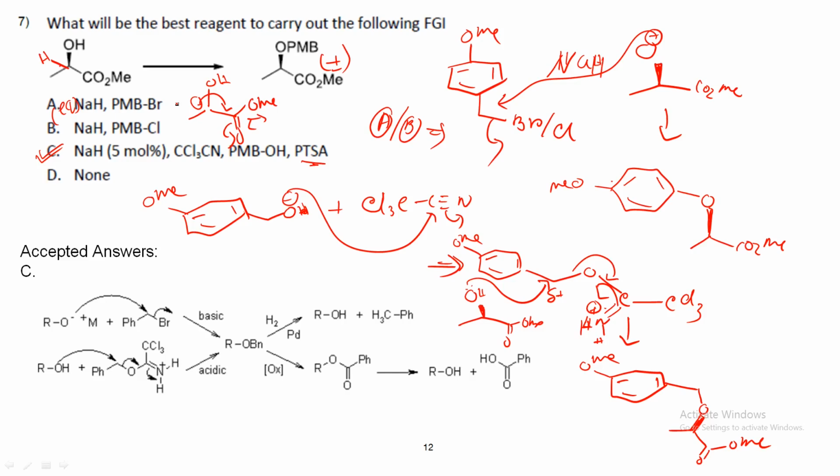But let's say if you have a molecule where no chiral center is there, then you can use any of them. But in this case, as we have an alpha proton which is acidic, alpha to the ester, the racemization concept comes into play, and it will be racemized if these particular conditions are used.